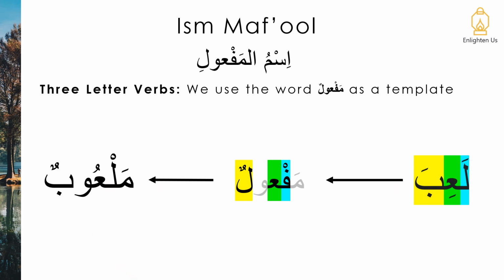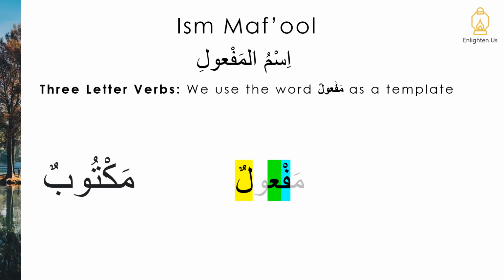Let's have a look at our second example. So again, this is a 3-letter verb. So we've got maktoob. Let's have a look at the past tense to be sure. So we've got kataba, and as you can see, it's only 3 letters. And again, the kaf corresponds to the fa, the ta corresponds to the ayn, and the ba corresponds to the lam.